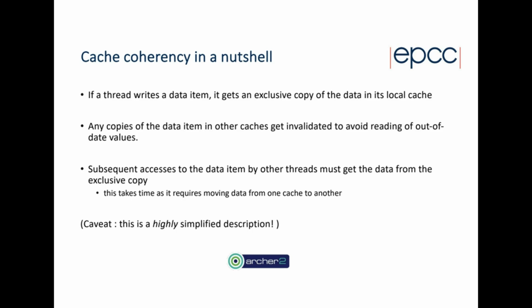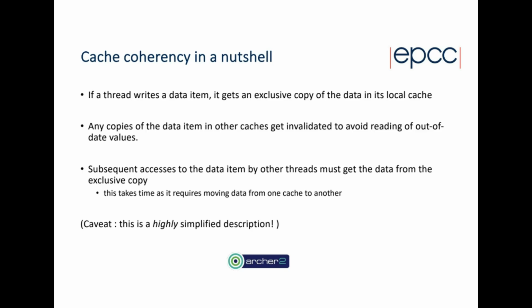So this fact that we've got lots and lots of different caches means that in order to preserve the illusion of shared memory, it should not be possible for different caches to contain different valid values of the same memory location at the same time.